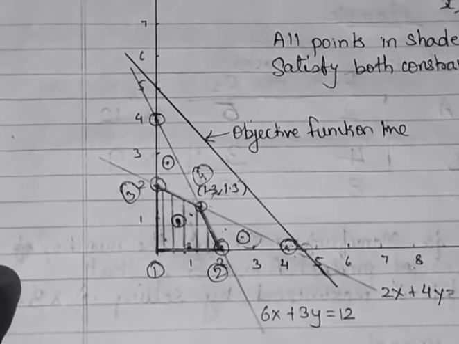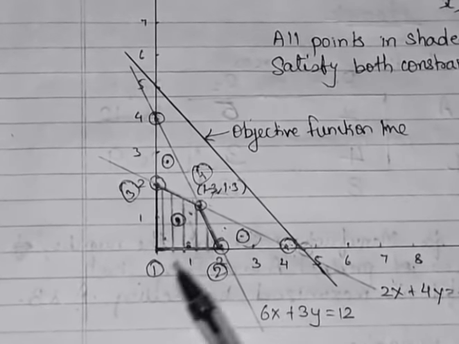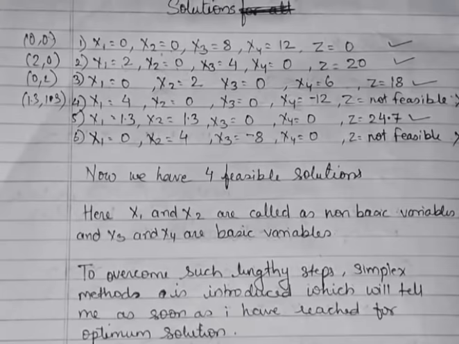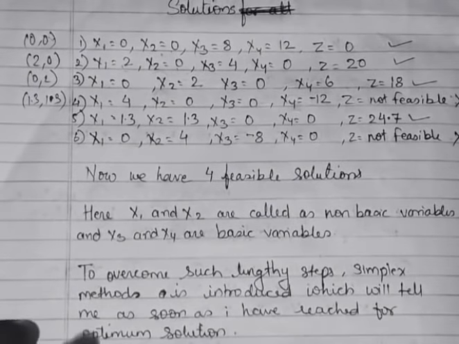So this is how the graphical method and algebraic method are related. The algebraic method will also give me the same values as the graphical method. The only difference is I can't see it, right? But without seeing it also I can find the maximum value of the objective function. These are the points which we have seen in the graphical method, right?